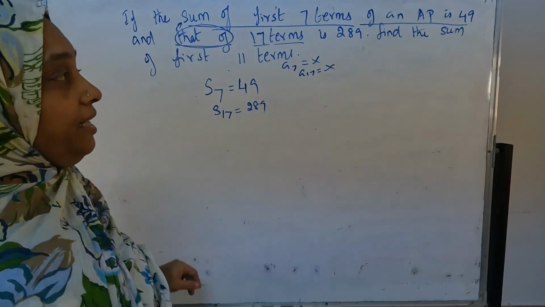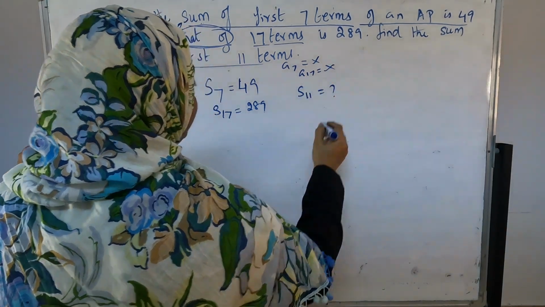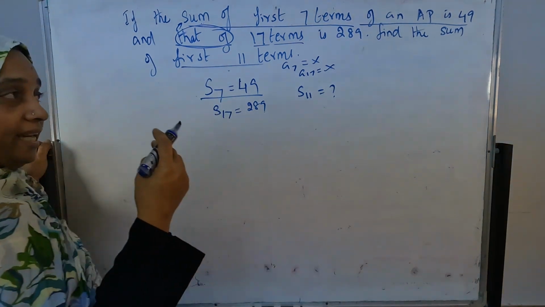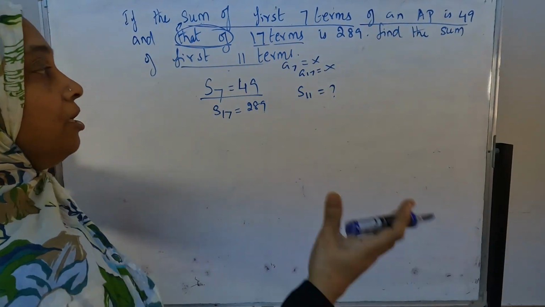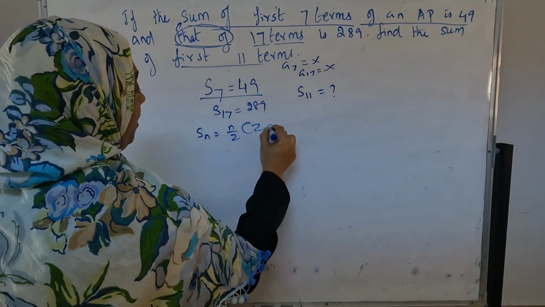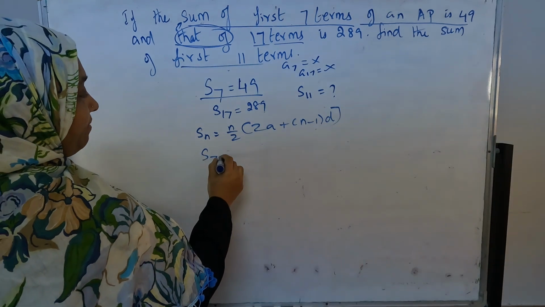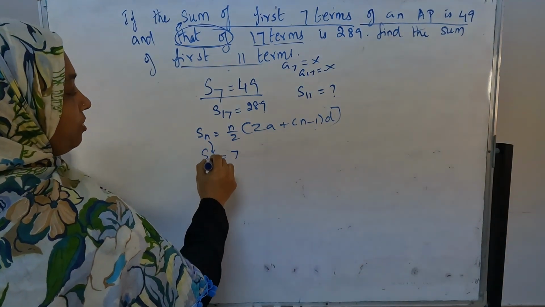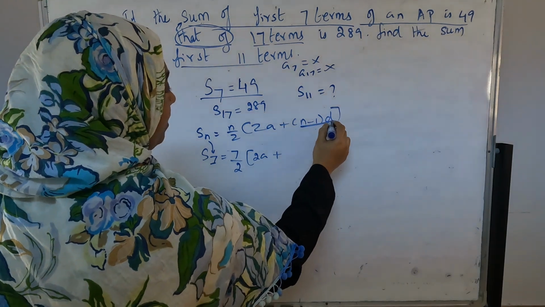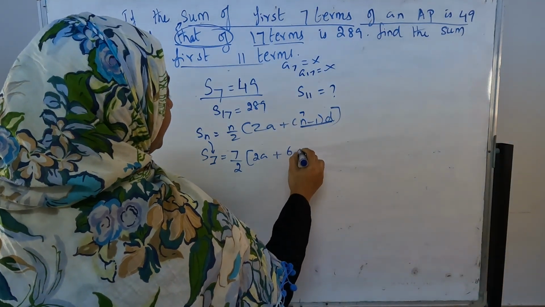Now A and D are not given, and L is also not there. They are asking us the sum of the first 11 terms, so S11. First we use the formula Sn equals n by 2 into 2A plus n minus 1 into D. So S7: n is 7, so 7 by 2 into 2A plus 7 minus 1, that is 6D.